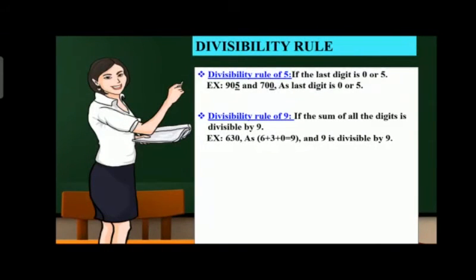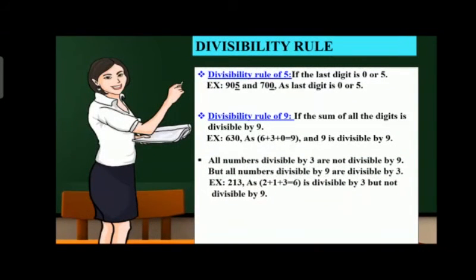It means that the given number 630 is also divisible by 9. Children, this rule is very similar to that of 3. But remember that all numbers divisible by 3 are not divisible by 9. However, all numbers divisible by 9 are divisible by 3.